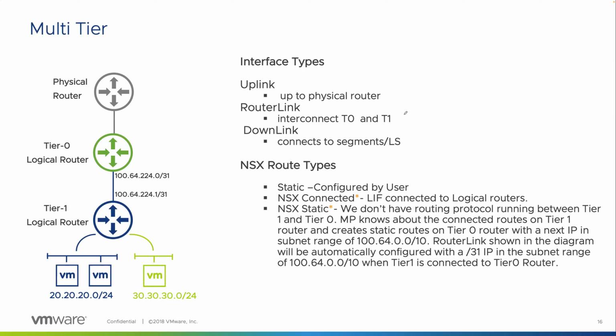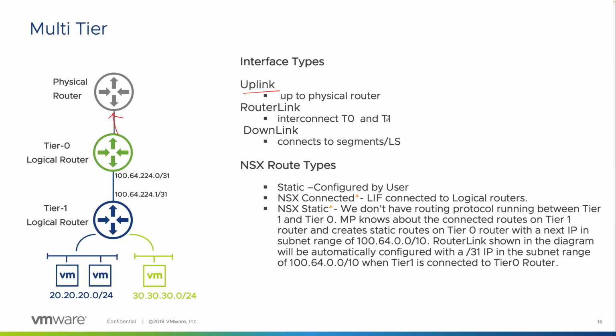Okay, let's move on to some of the terminology of multi-tier. As you have seen, we have some interface types and corresponding terminology. For example, uplink. When you look at T0, uplink means this link or interface.